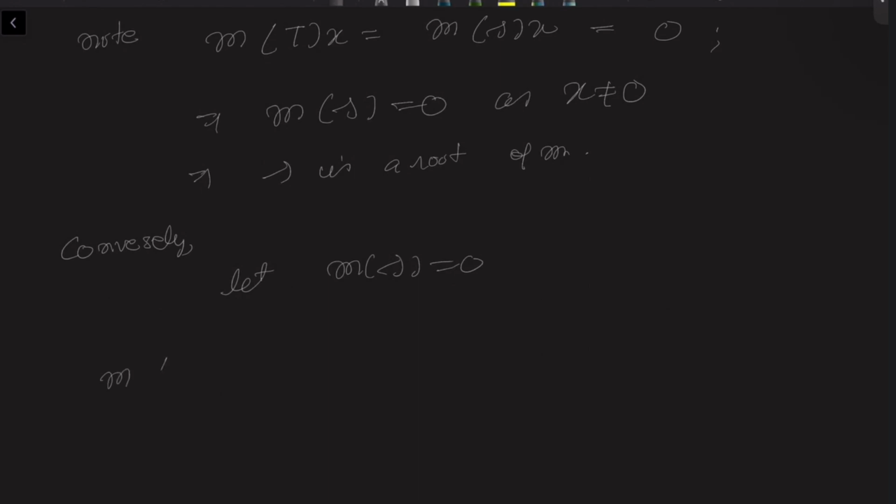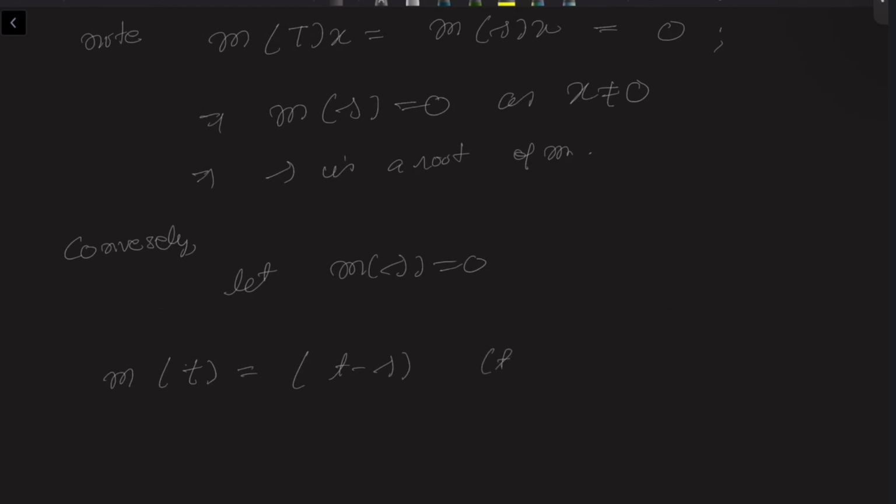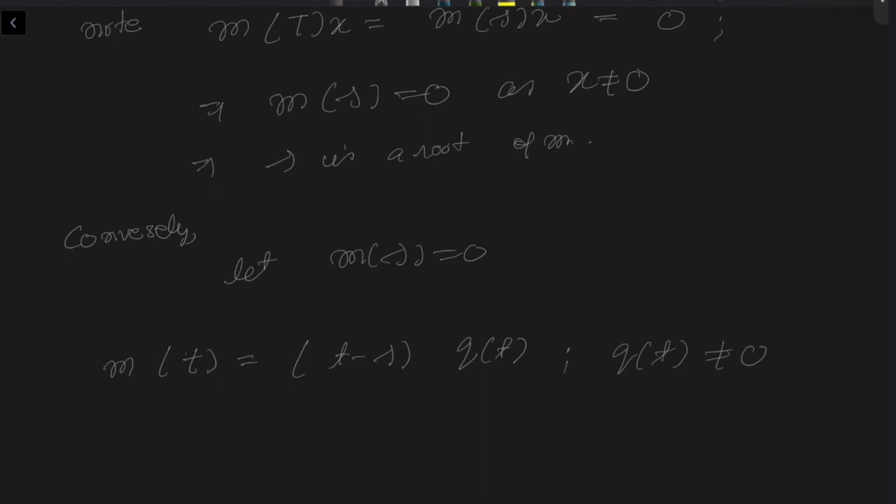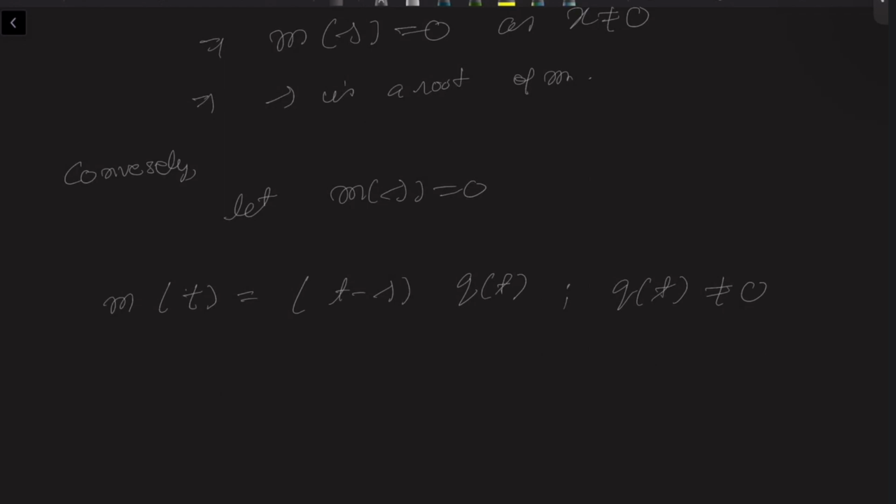So see that m of t, since lambda is a root of the minimal polynomial m, I can write m of t as t minus lambda times some q of t. That is, q of t is some other polynomial, and q of t is non-zero, because if it is 0, then my m of t becomes 0, which I don't want.